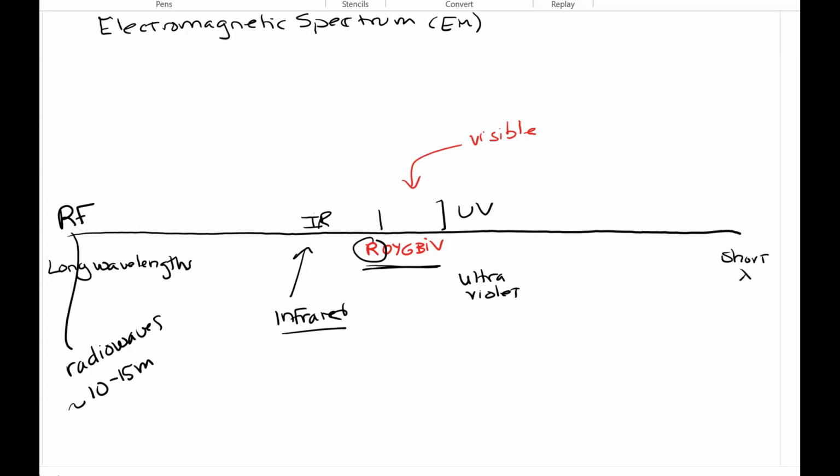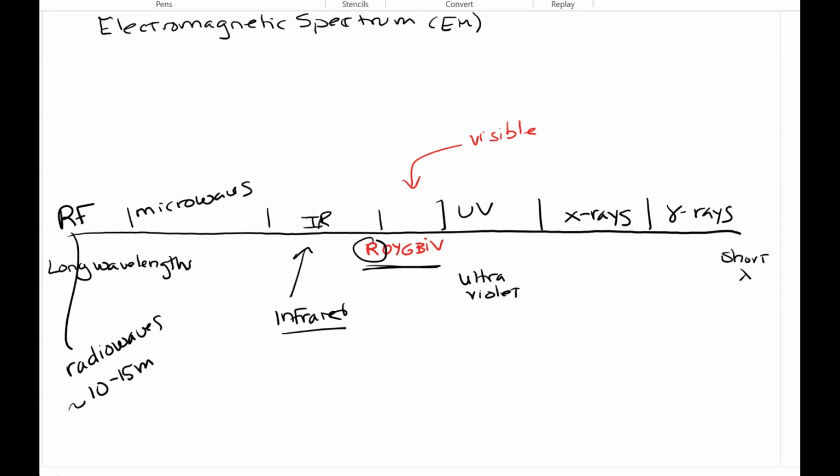And in between radio waves and infrared are microwaves. Okay. Now on the other side of the UV, there are X-rays, and then finally gamma rays, famously known for creating the Incredible Hulk.